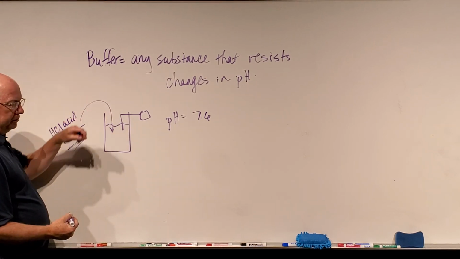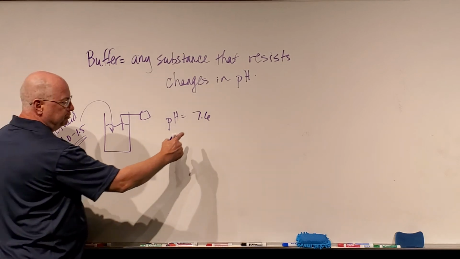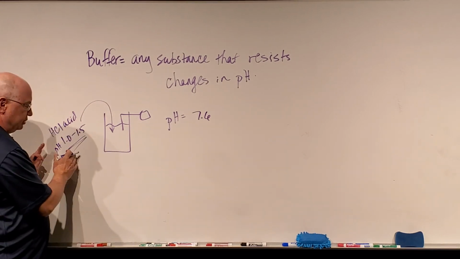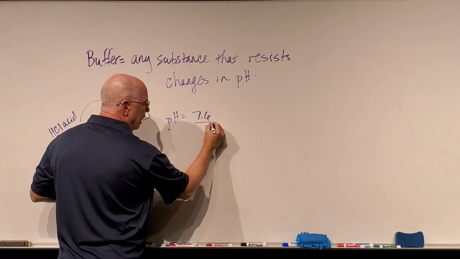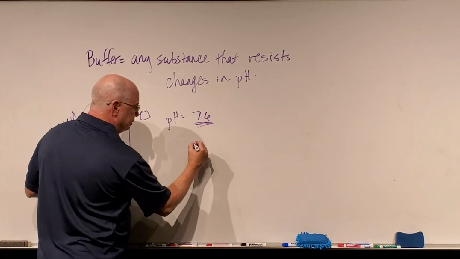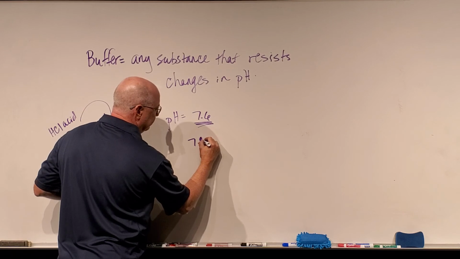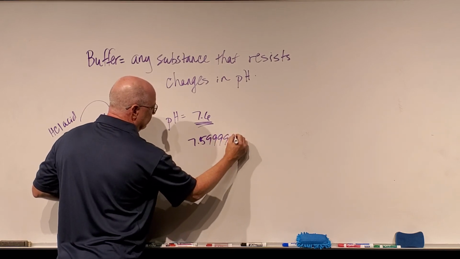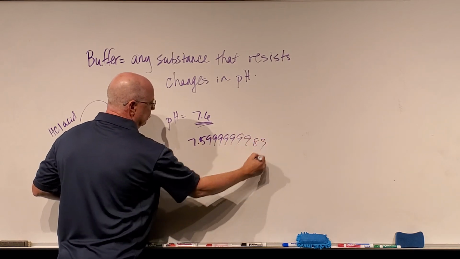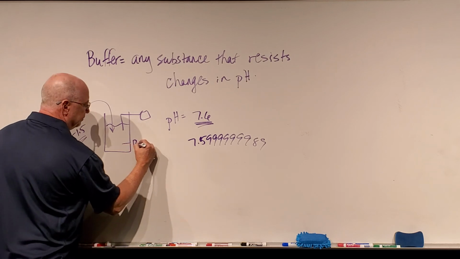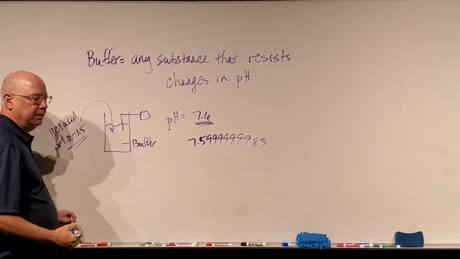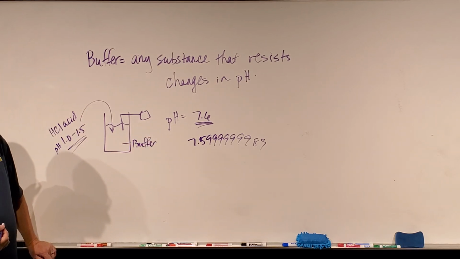I pour a small amount. I should expect this pH to change because this is a pretty strong acid. But if I only add a small amount, and this thing doesn't change its pH. Let's say the pH changes to 7.599999989 or whatever. It barely moved. It's essentially 7.6. Then this is a buffer. It's resisting changes in pH.